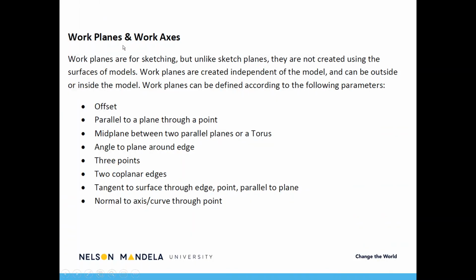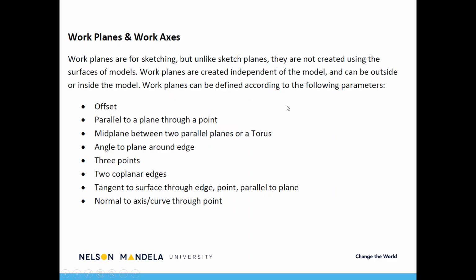So the last topic we will look at is the work planes. So the work planes are for sketching also, but unlike the sketch planes, they are not created using the surface models. If you remember on the last video, if we already have a 3D model, we would select a face and then we start sketching from the face.